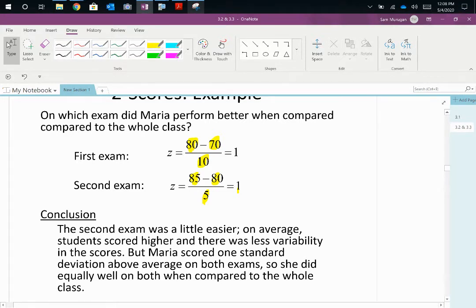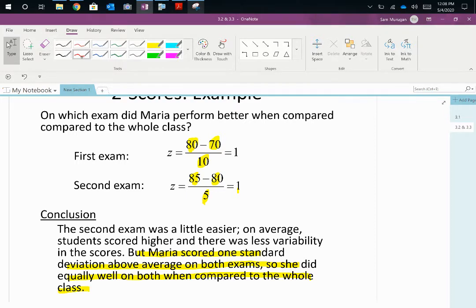So Maria scored one deviation above average on both exams, so she did equally well on both exams when compared to the whole class. We can't really make a claim that she did better on one exam, although she scored higher on the second exam, because students generally scored higher on that exam anyway.